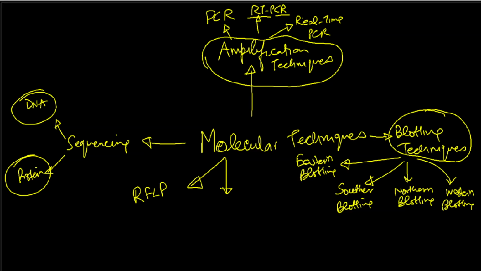We have now started the molecular techniques used in molecular biology, and we'll be discussing different techniques in the upcoming lectures and weeks. But in the past week, what we studied is the blotting technique.